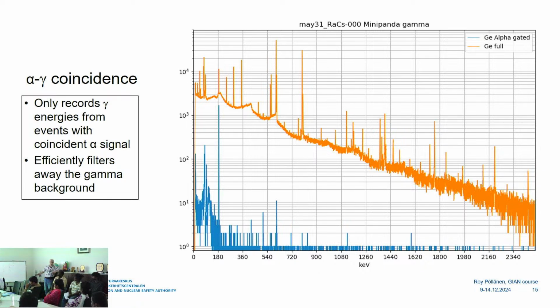So the alpha detector can detect those also. And I think this is the reason why there is a larger amount of counts.